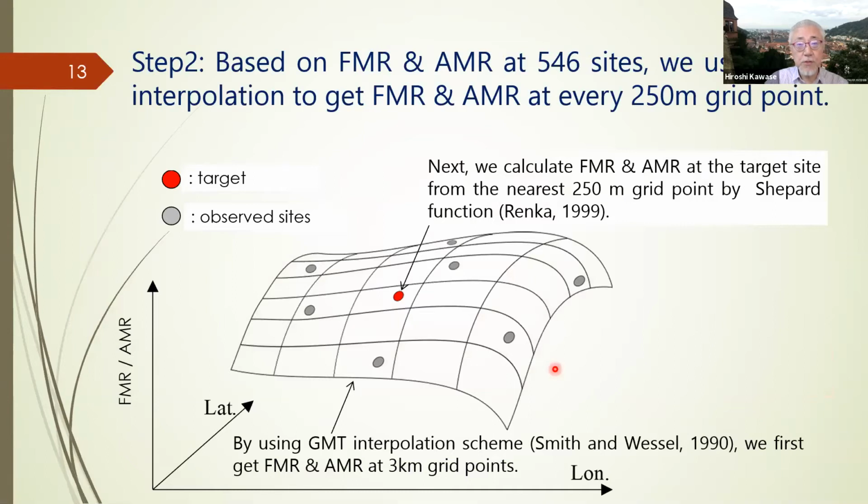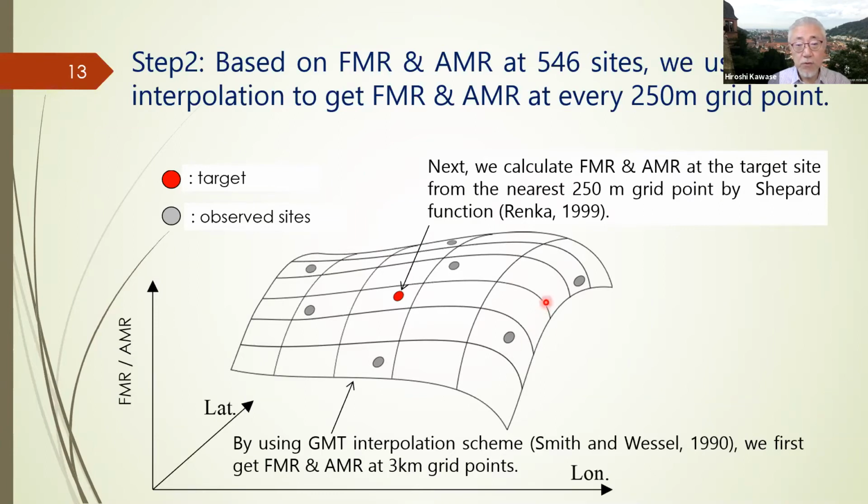The next step is to interpolate these FMR and AMR at 546 sites. We use a two-step interpolation scheme to get these values at every 250 meters grid, because we have a theoretical resolution of 250 meters grid in Senna's model.